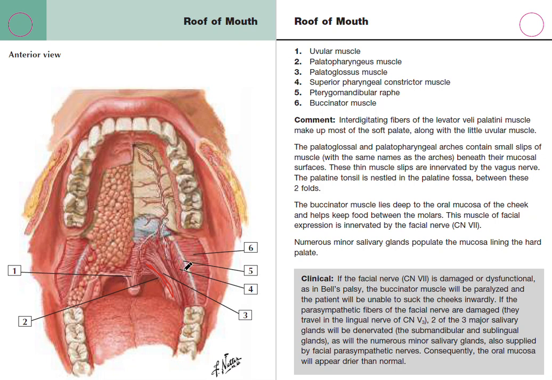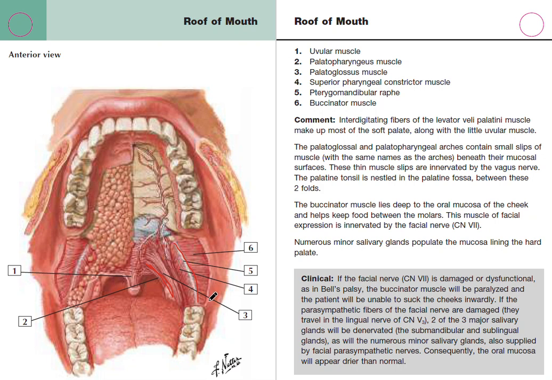More lateral, we have the superior pharyngeal constrictor muscle. Number 5 here is the pterygomandibular raphe, in white. And number 6, more superficially and laterally, is the buccinator.